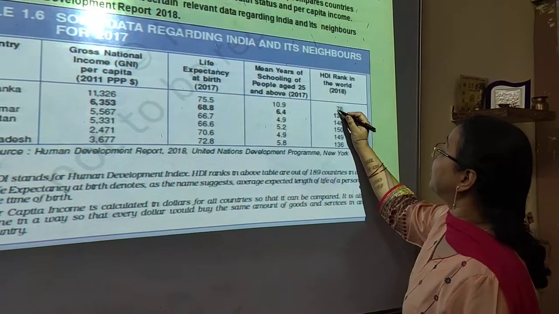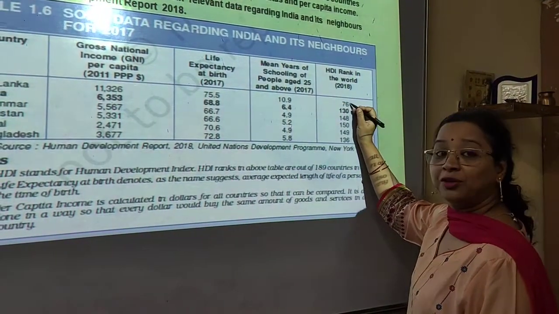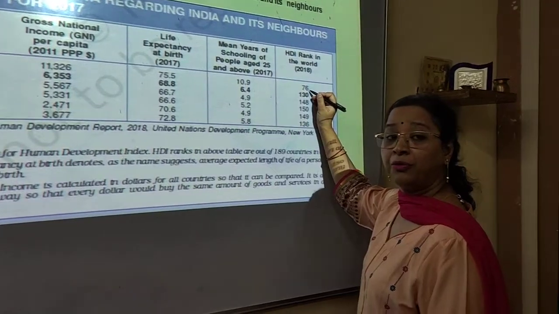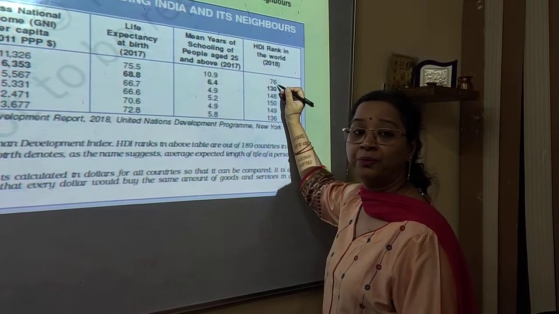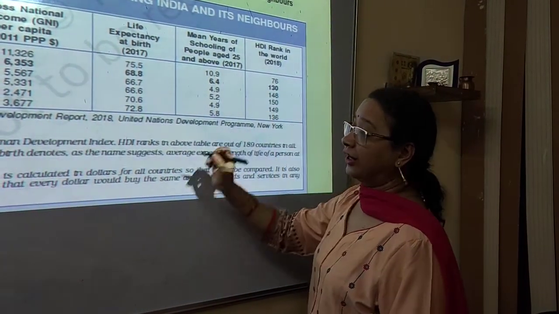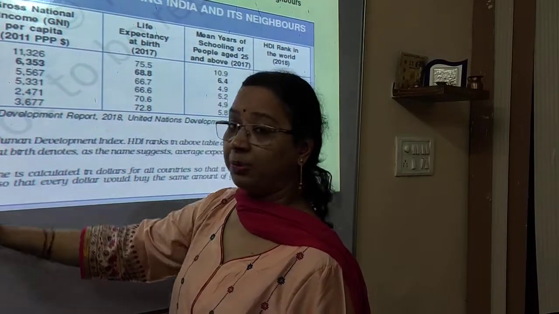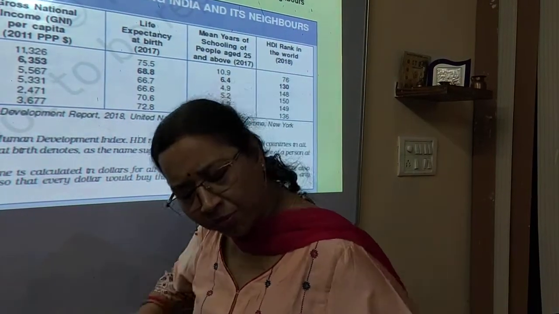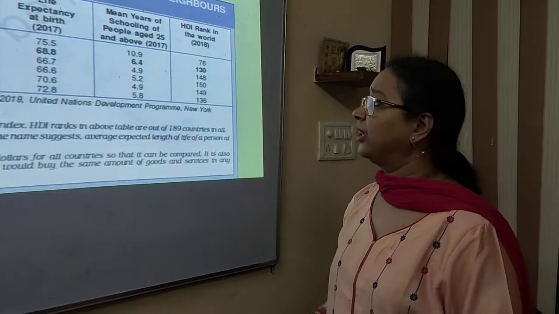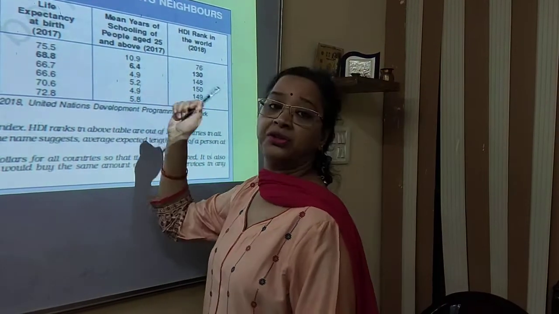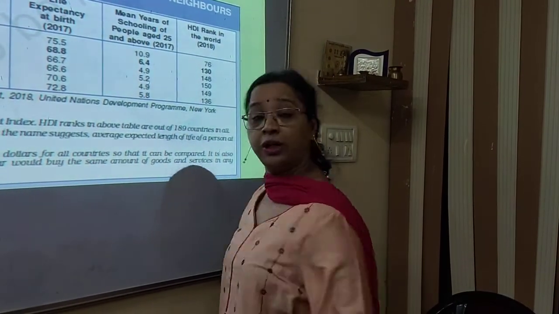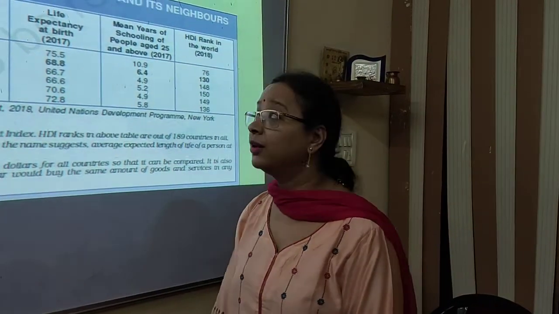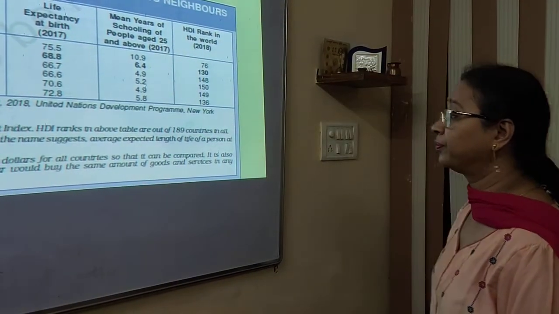It has got only 76. What do we conclude from this? We conclude that if we really want to improve our Human Development Index, then there is a lot to be done in the health sector and education sector. Then only we can develop properly. I think this topic is clear to you.